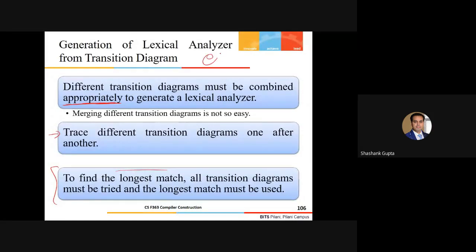Like I told you, this is your one keyword, else, if, so you will create different transition diagrams for else, if, and so on. But just imagine if you are going to concatenate all these transition diagrams in just one go. You have to be very careful about when to throw the lexical error, and when to do these multiple things.